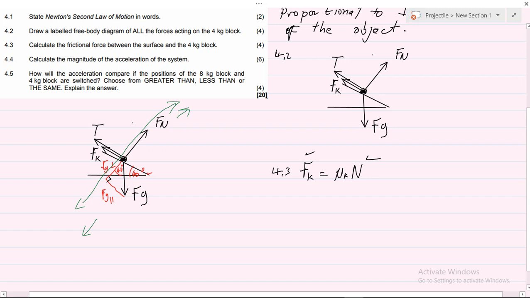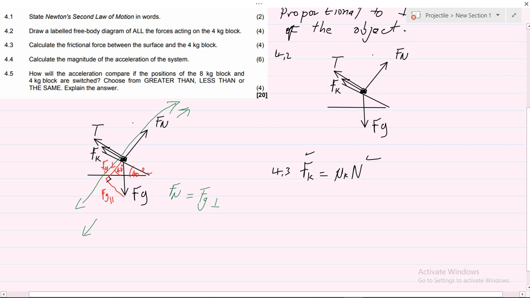It tells us that the normal force, Fn, is balanced. If they are balanced, they are equal but act in opposite directions. So we are going to need the equation for Fg perpendicular.